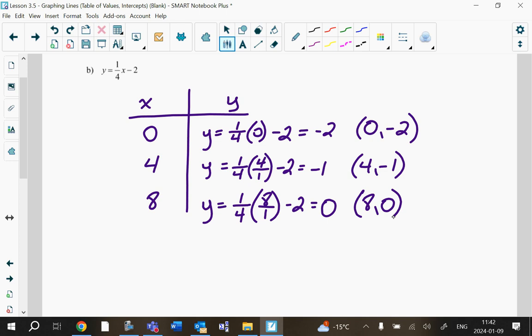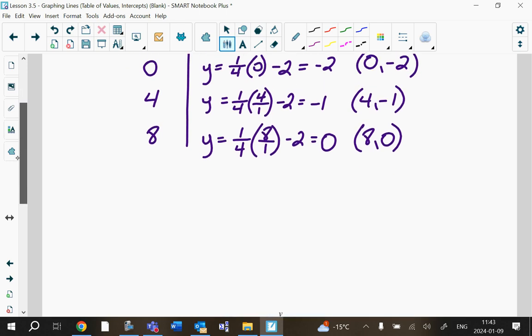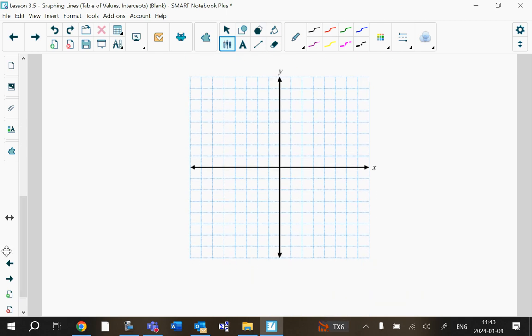There's our 3 points. So let's plot them. 0, negative 2, 4, negative 1, and 8, 0.